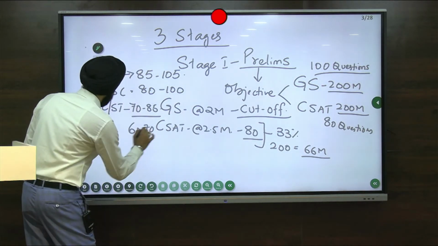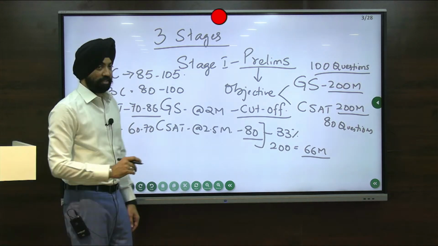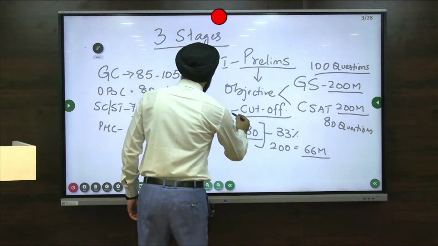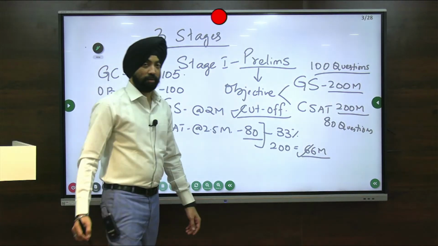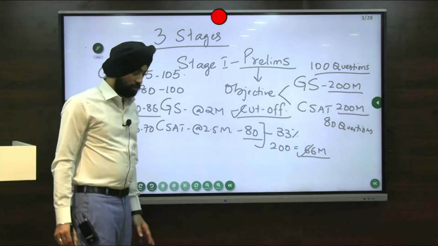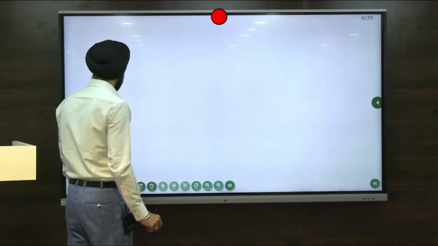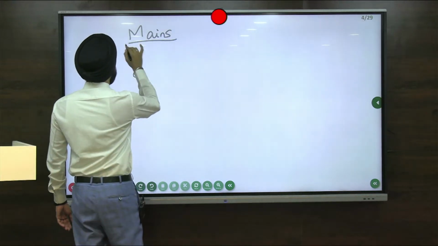So these are the cutoff variations. Provided you cross the minimum cutoff level and get minimum 66 marks, you qualify in the first stage, the Prelims Examination. Having qualified, you enter the second stage, called the Mains Examination.